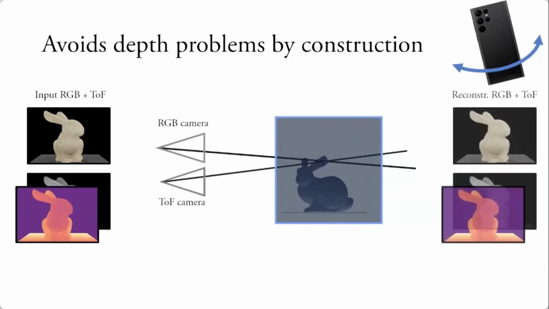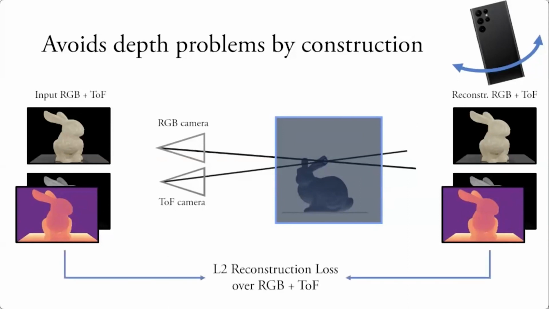Then we use these forward maps to render what we think are images that match the sensed RGB and time of flight images. And then we use these to optimize the parameters of the neural network via a reconstruction loss.